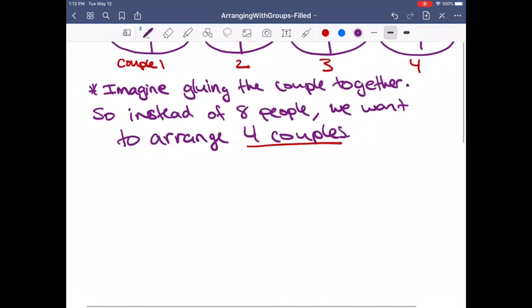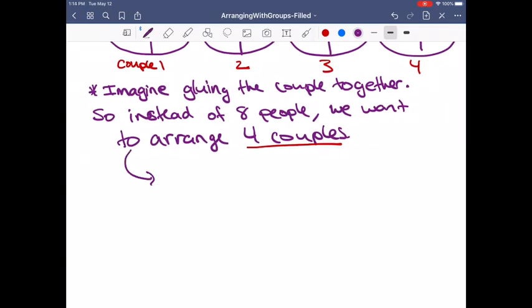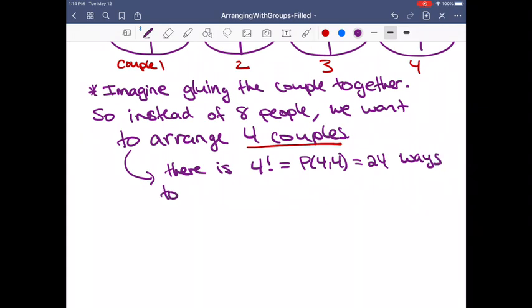Because there's 4 objects, the couples, and we want to arrange all of them where the order matters, there is 4 factorial, or if you want 4 permute 4, which is 24 ways to arrange the couples. Okay, so if you have 4 things and you want to arrange all of them, the number of ways to do that is 4 factorial.